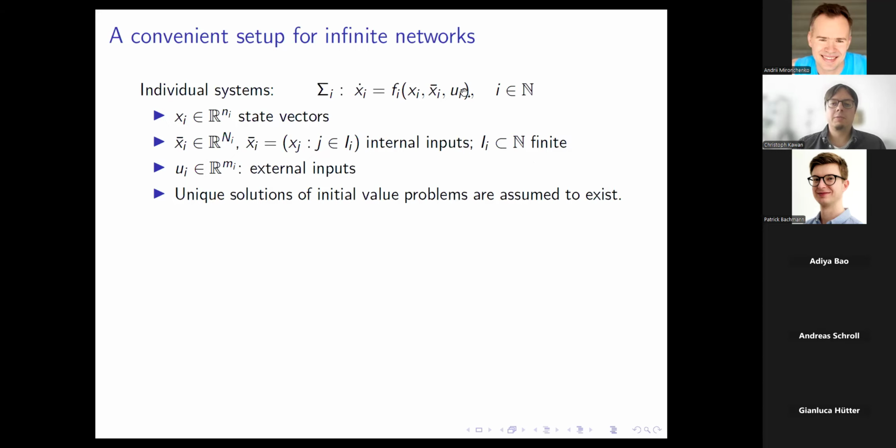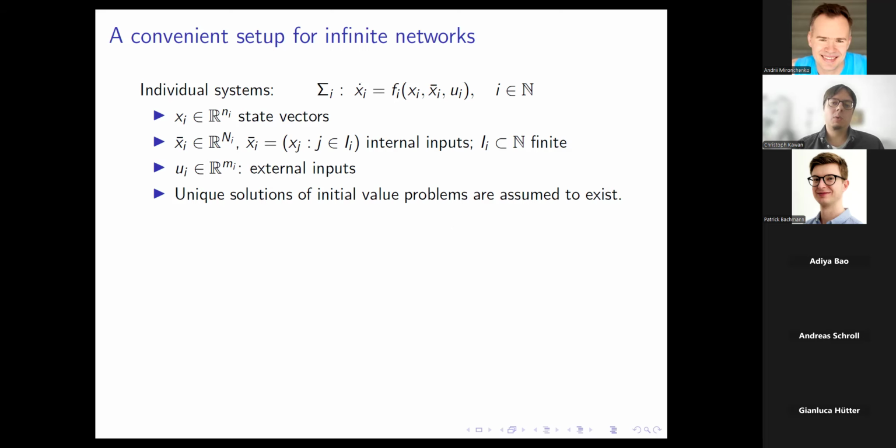And of course, we have the external input, or control input, or however you want to interpret this, u_i, which is also finite dimensional. We are basically only assuming that unique solutions to initial value problems for an appropriate class of internal and external inputs exist for all of these subsystems.